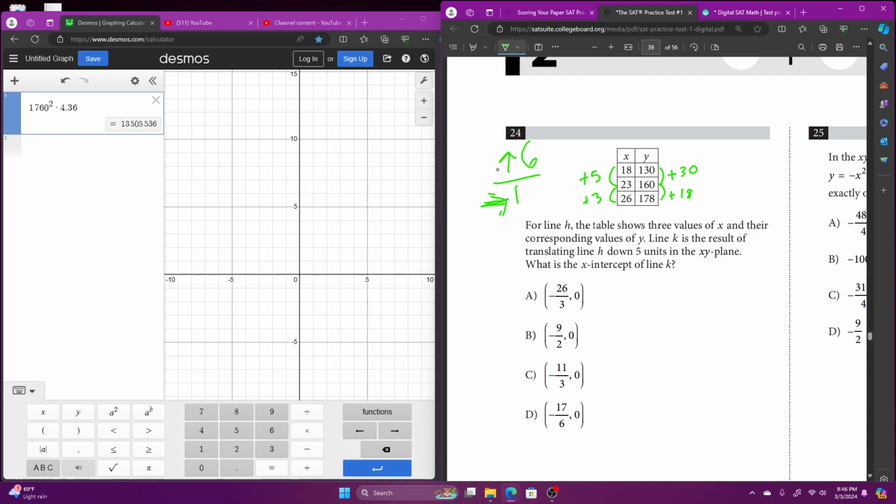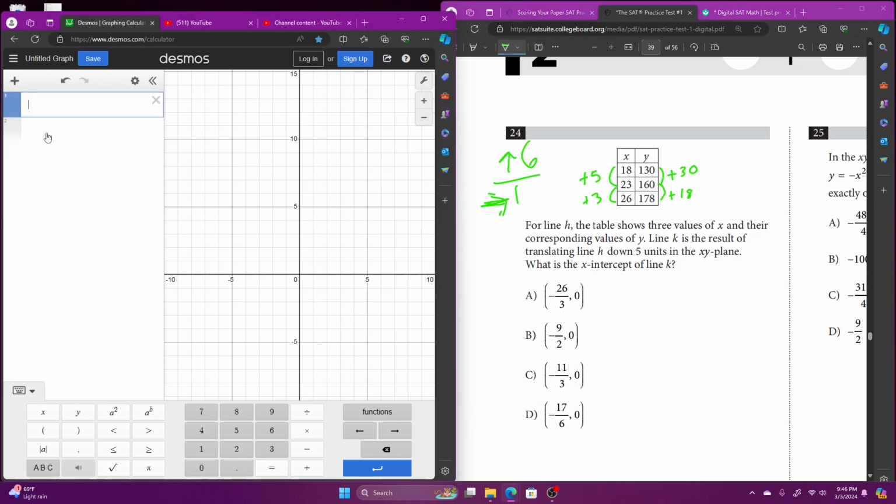And from here, I wish I knew a way to go straight to the calculator to plug that in, but I think you would have to have your slope-intercept form of a linear equation memorized.